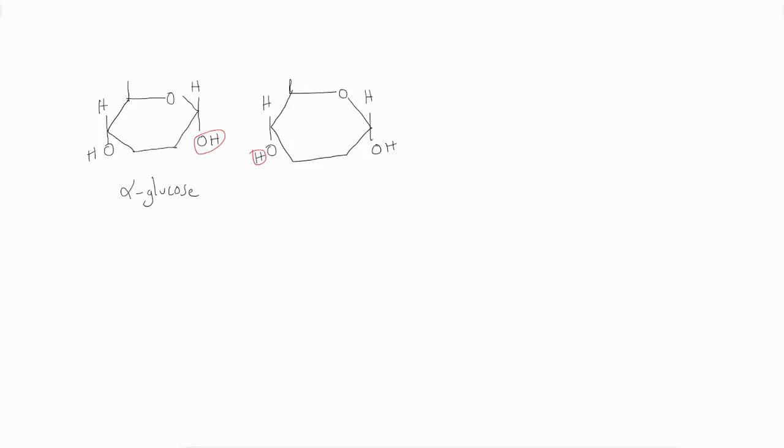So when we form glycosidic bonds, we add these monosaccharides together, and what we get is a disaccharide, and you can see that the O that I have not circled is now part of this bond. And you can draw it like this.